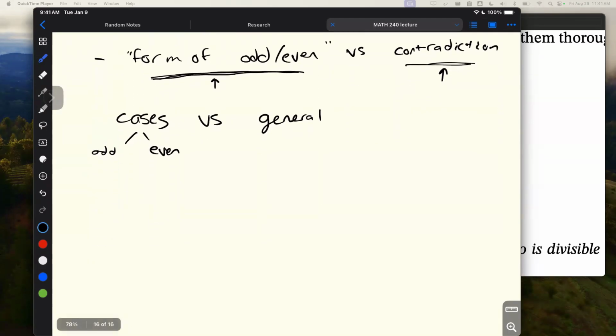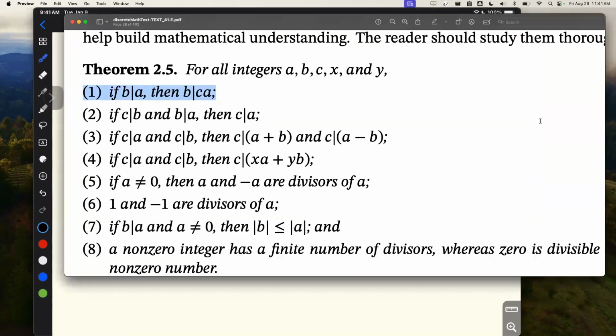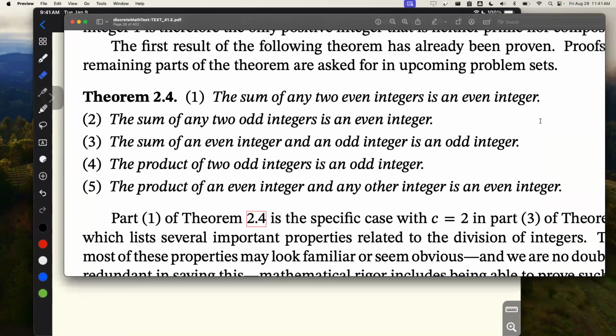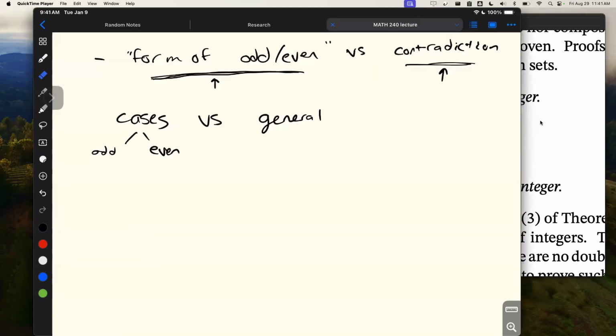Another thing I saw is that I think the group in the back was proving number 5, which is: the product of an even integer and any other integer is even. And so what one group did was look at even times odd and then even times even.